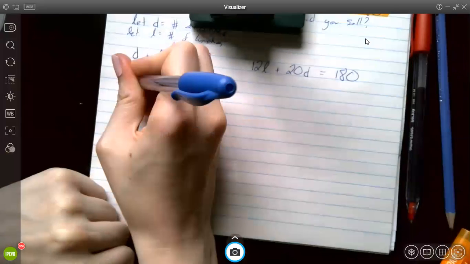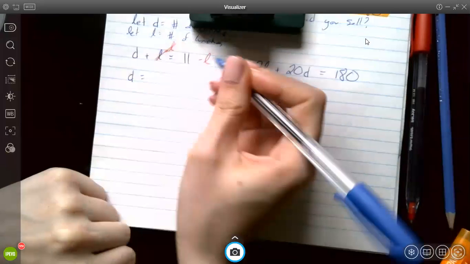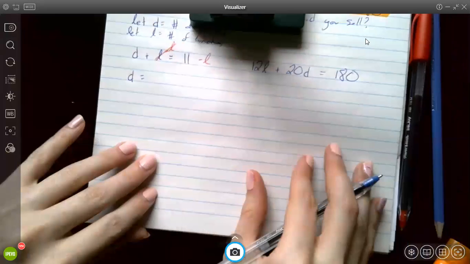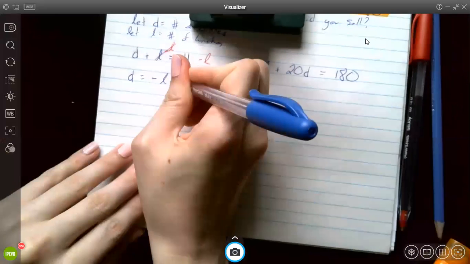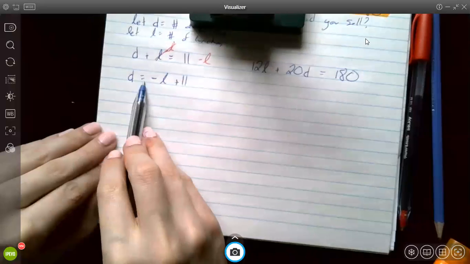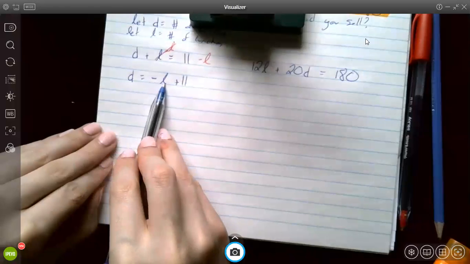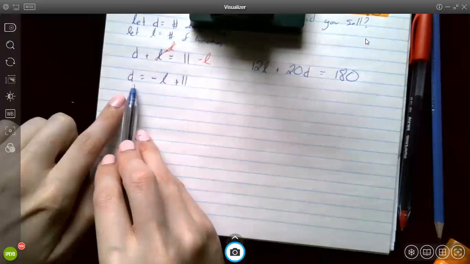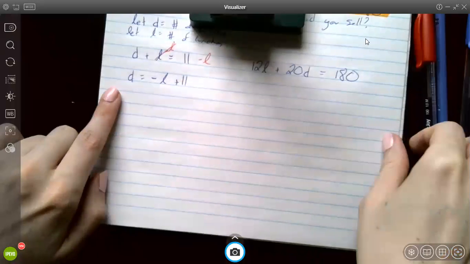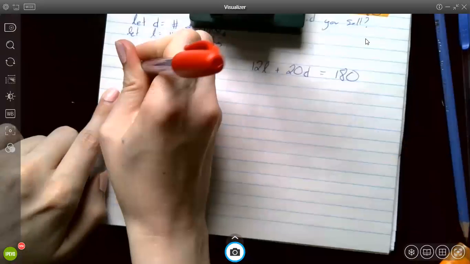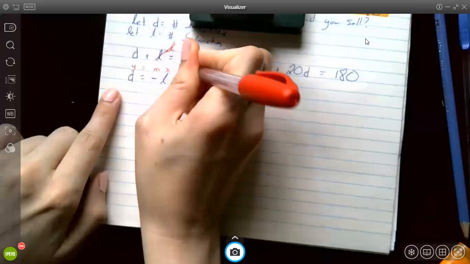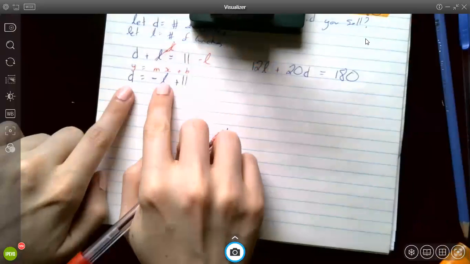That leaves me with D equals 11 minus L, which I will rearrange into negative L plus 11 so that it's in the form y equals mx plus b. You want to think of it that way: D is my y and L is like my x.